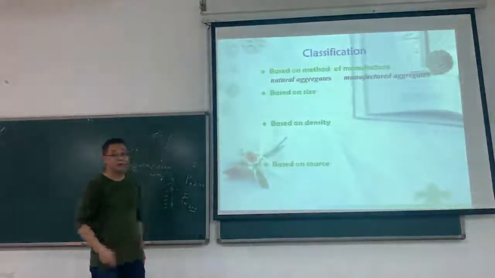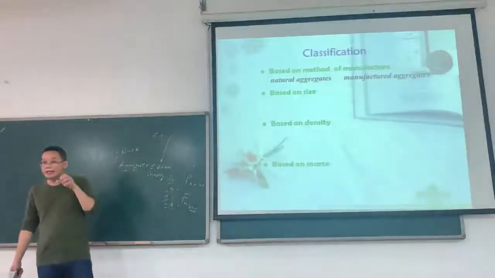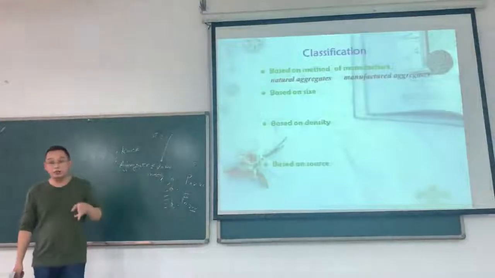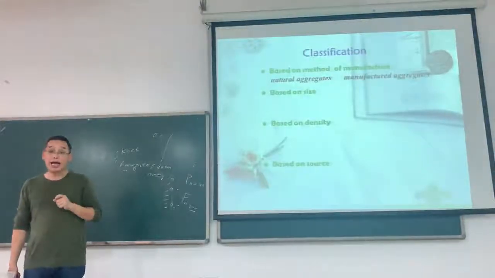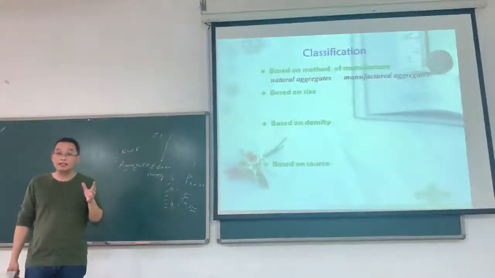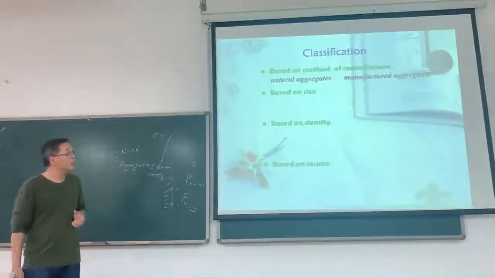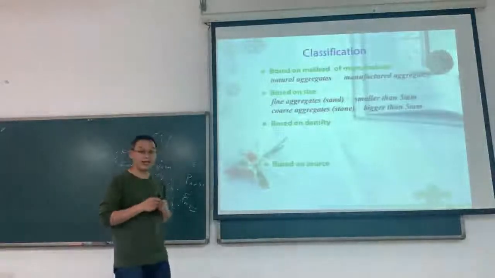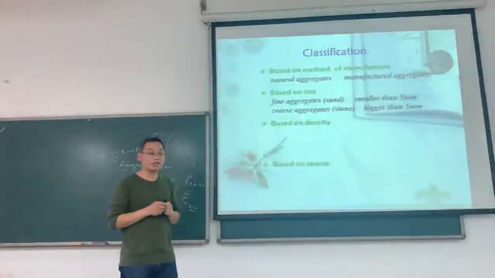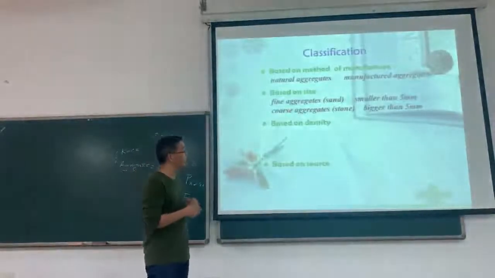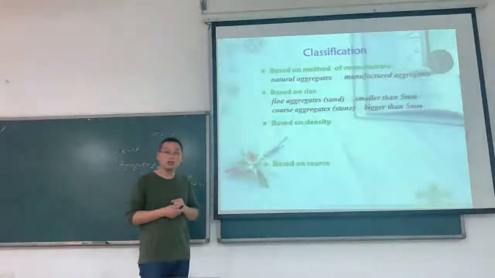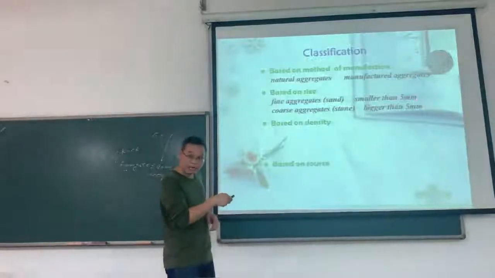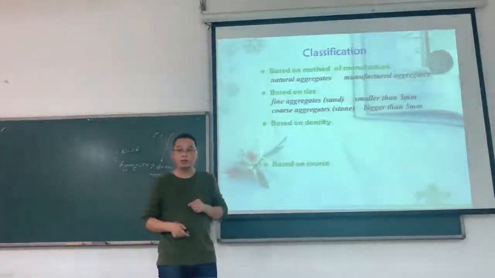And second, based on the size, the aggregates can be divided into fine aggregate and coarse aggregate. The critical size is 5 micrometer.